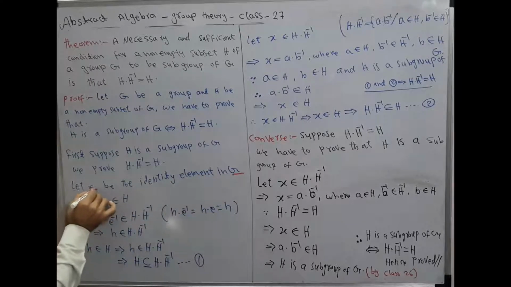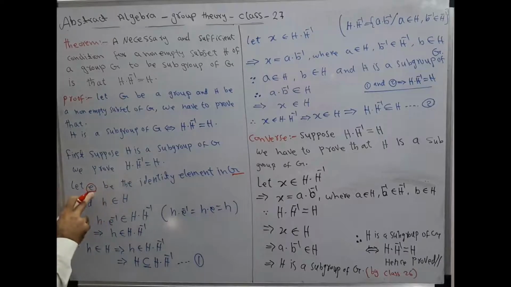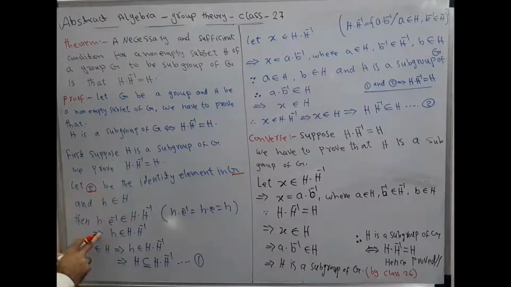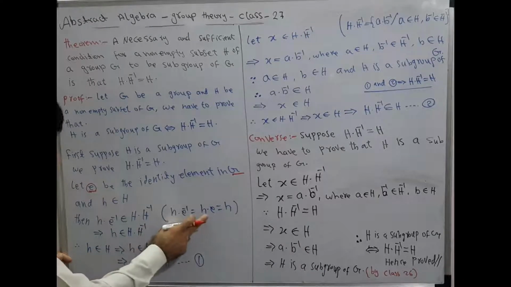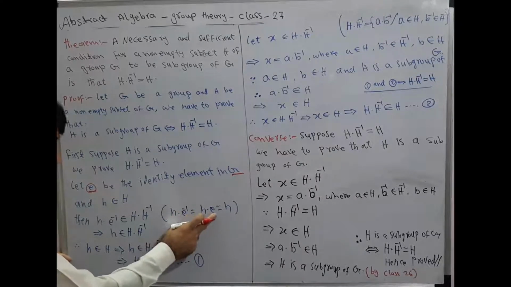E is the identity element in G, so E also is the identity element in H. E inverse also is an element of H inverse. Here h into E inverse equals h, since E inverse equals E. So h into E equals h.